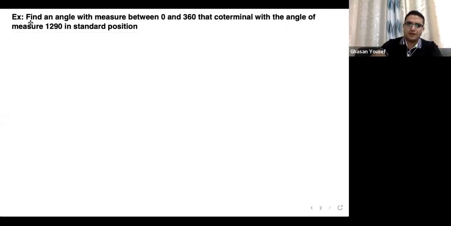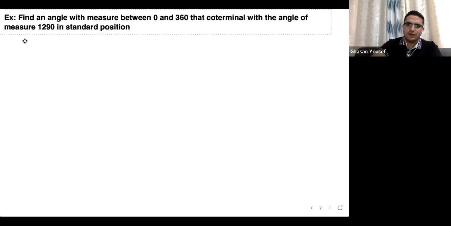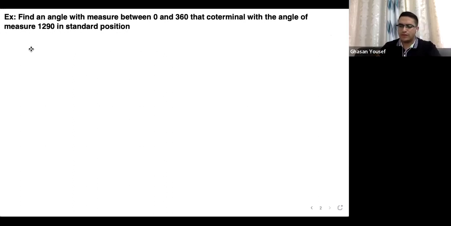The question here is a little bit different from what we said before. Find an angle with measure between 0 and 360 that is coterminal with the angle of the measure 1290 in the standard position.